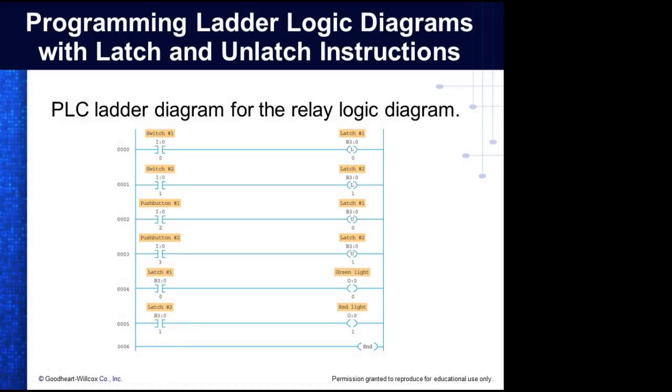We've got another instruction that we need to look at a little bit. These are called latch and unlatch. We use these a lot because they save us some circuitry and also they scan things. Notice up in rung 0, we're using an input switch. And this says latch B3:0, so this is an internal relay. Once we've latched, then the input can go false and the output will stay true until we do what?